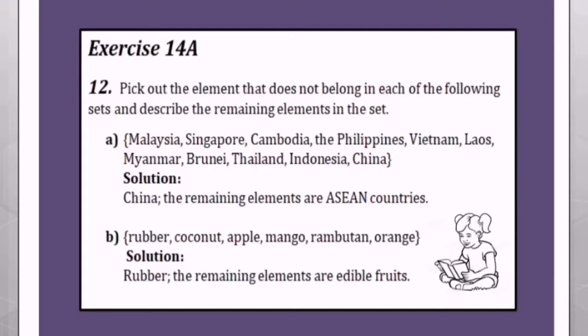The remaining elements are Southeast Asian nations. In the B part, these belong to edible fruits, and rubber does not belong to these fruits, so the solution is rubber. The remaining elements are edible fruits.